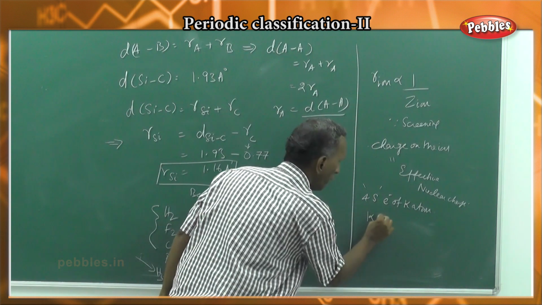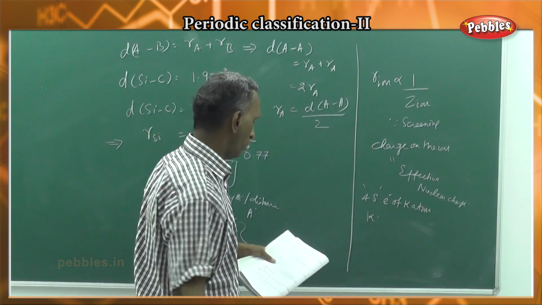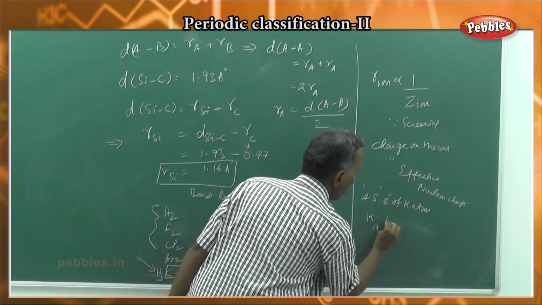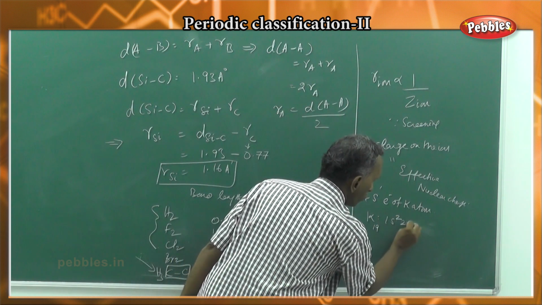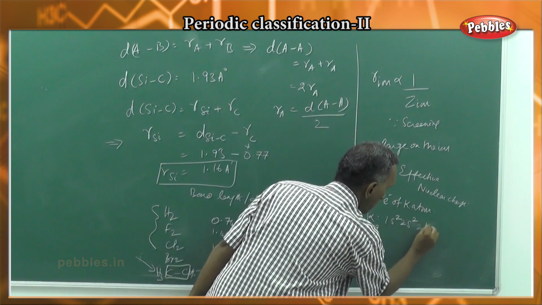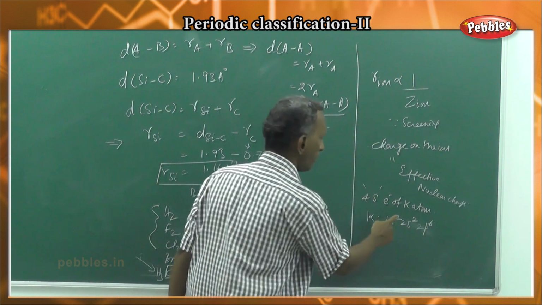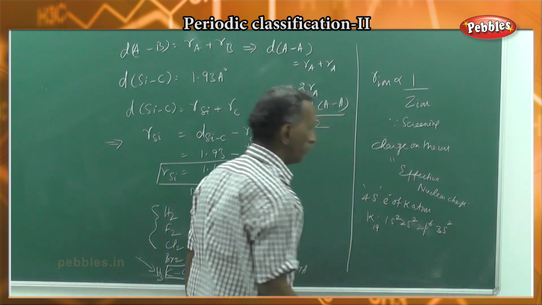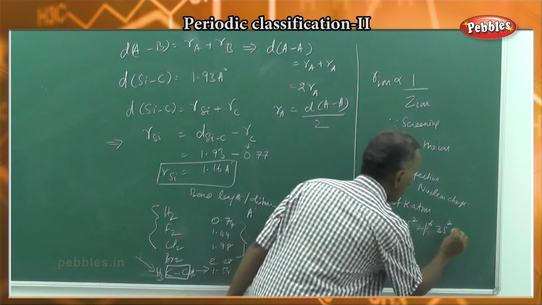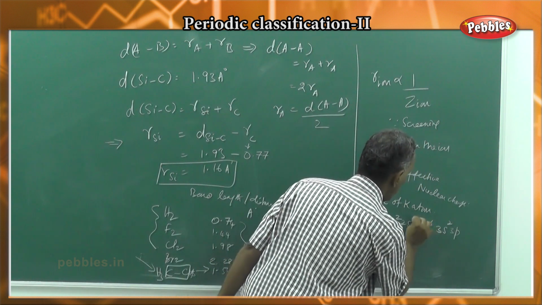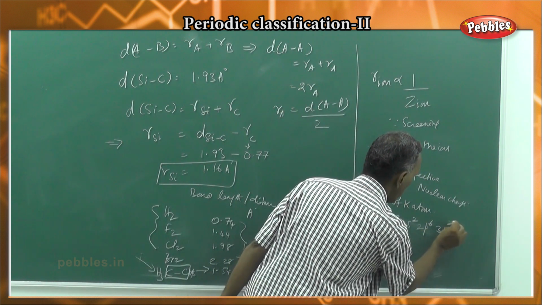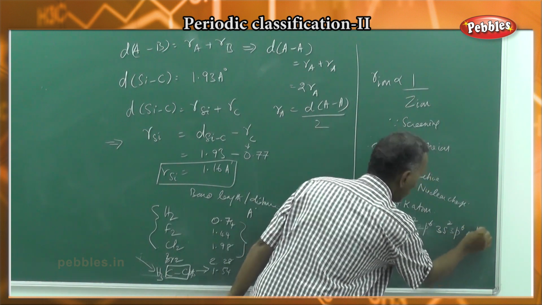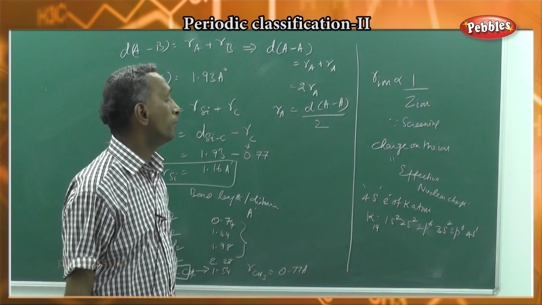Potassium atomic number is 19. If you write the configuration: 1s2, 2s2, 2p6, 3s2, 3p6, 4s1.